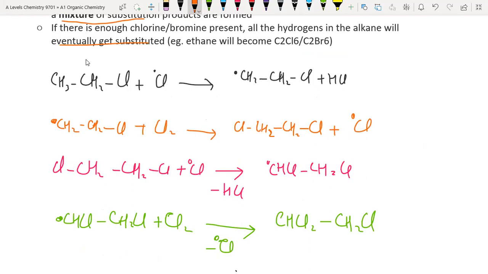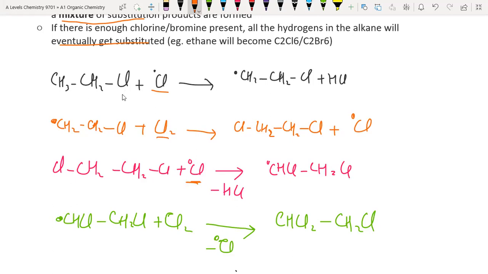It depends upon the amount of substituent, that is chlorine or bromine. If it is present in abundant quantity, it will eventually replace all the hydrogen in the compound. Like this.